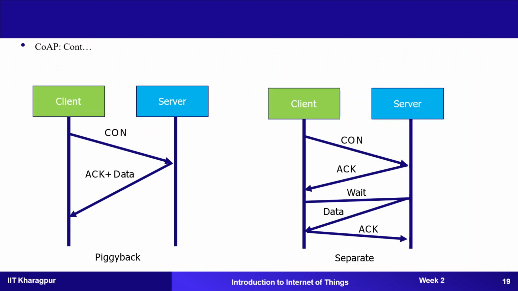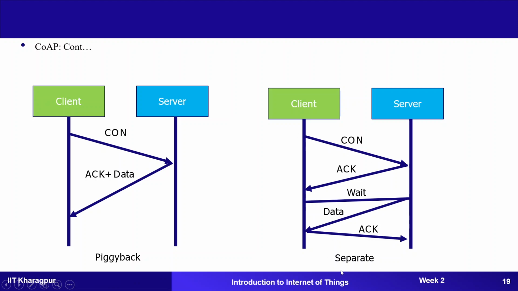Now the third type of message is piggyback. As we have already studied in computer networks, it means we are also appending your data with your acknowledgement. So whenever a connection is established between your client and server, the server will send acknowledgement, and along with the acknowledgement, your server will also send data to the client. Now separate.